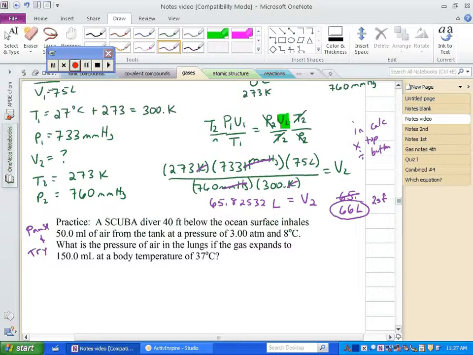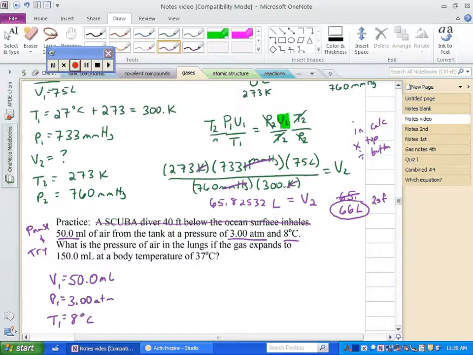Scuba diver 40 feet below the ocean surface. Yeah, that's nice, but that doesn't come into my problem. 50 milliliters. There we go. That's a volume. First one I get to. A pressure of 3 atmospheres. So there's my P1. 8 degrees Celsius.